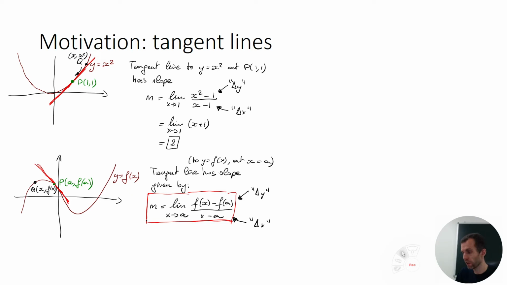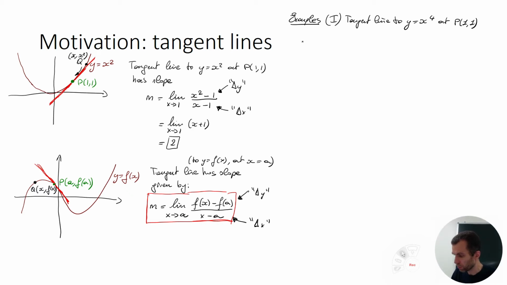So let's look at a couple of examples before we move on with the concept of derivative. For the first example, we'll take the tangent line to y equal to x to the power 4 at the point P(1,1).